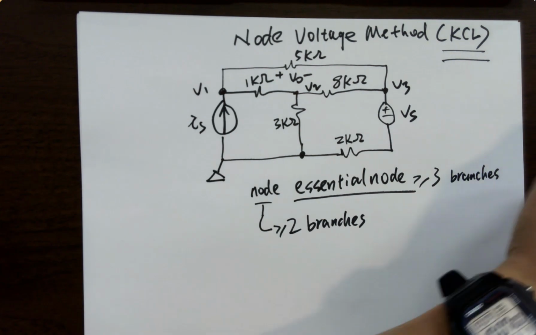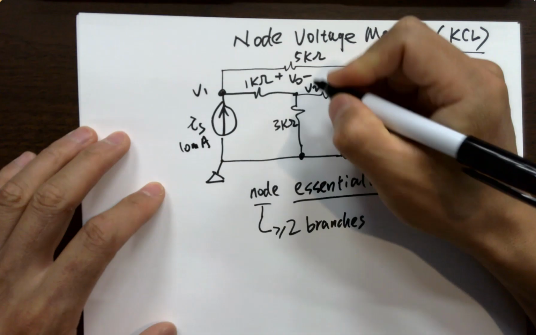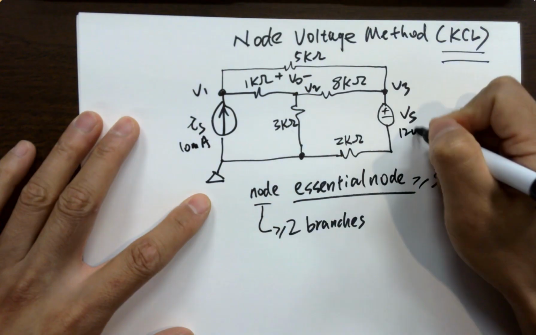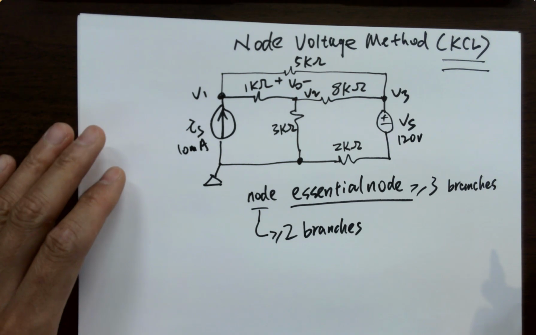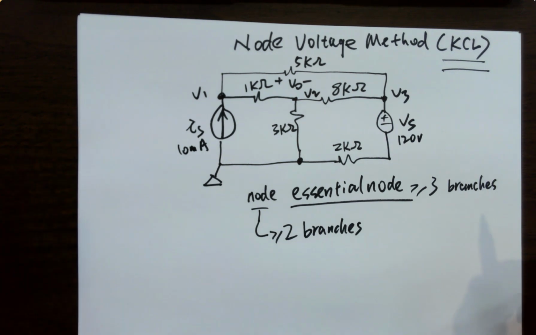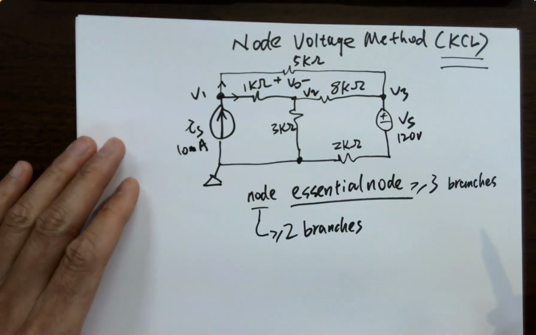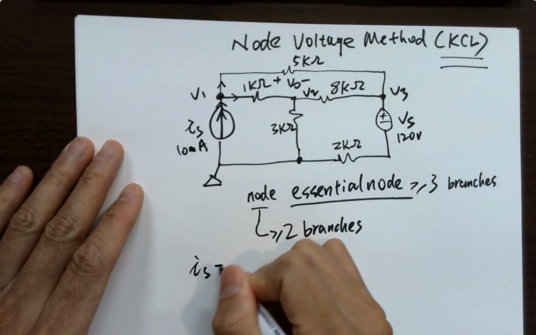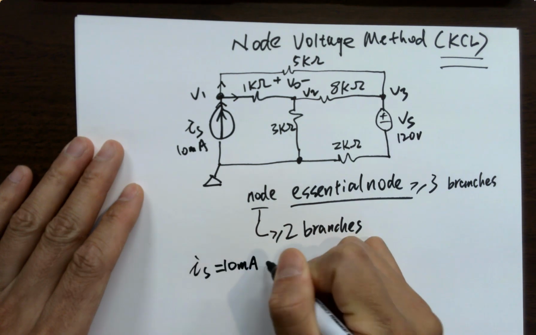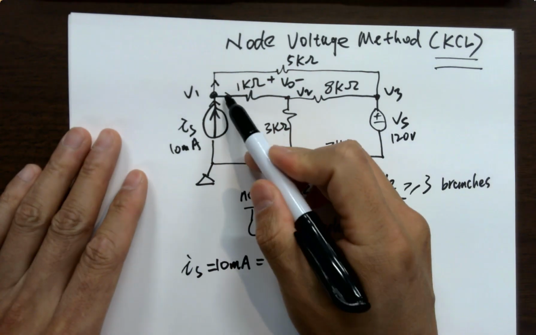So there are values for it. IS is 10 milliamps, and VS is 120 volts. So definitely currents. IS, which is 10 milliamps, equals this current plus this current.